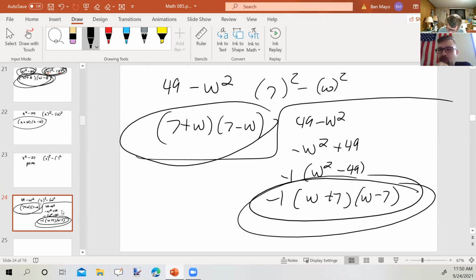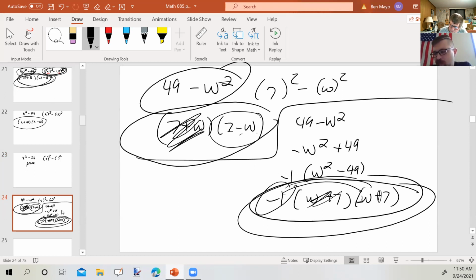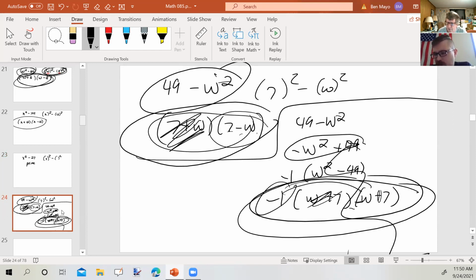Let me convince you. W plus 7 is equal to 7 plus W, right? Addition's commutative. If I take this negative 1 and I distribute it, I'd get negative W plus 7, and that's negative W plus 7, 7 plus negative W, okay? So again, something like this, rather than putting it in standard form and going through all of that, just factor it as it is. But if it's a trinomial or larger, standard form is usually pretty important to do first.